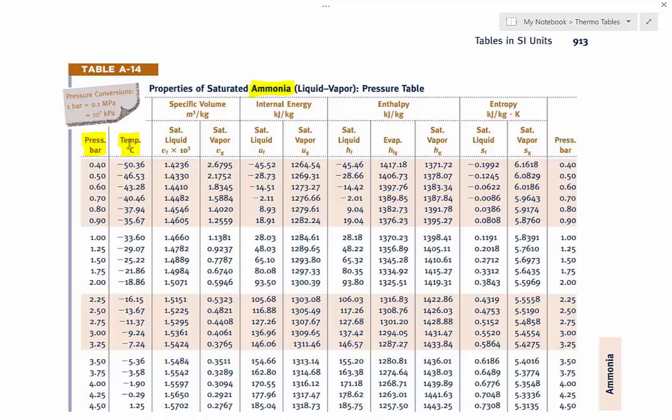The definition of saturation temperature is the temperature at which your substance is at a saturated state. In other words, the temperature of F point or G point. If you continue to the right, the third column is nu F. What is nu F? Specific volume for saturated liquid. The fourth column is nu G. What is nu G? Specific volume for saturated vapor.